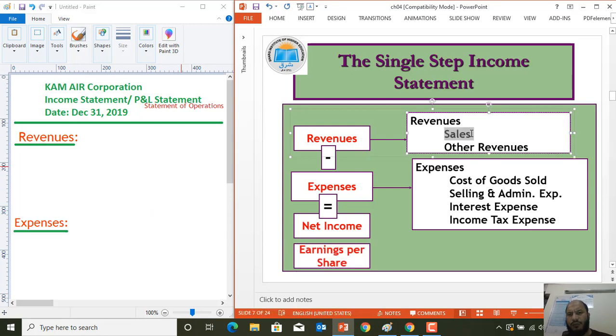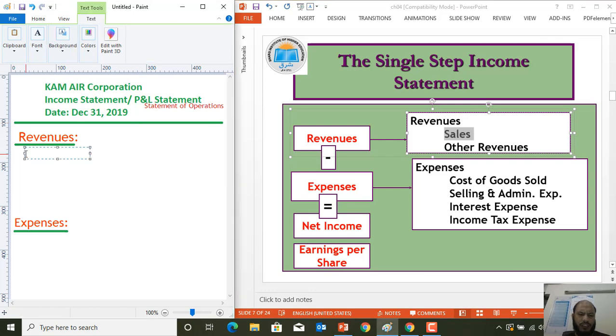Revenue may be like, for example, sale account. So see dear students, we may have sales over here, and revenue we may have, like for example, services rendered.